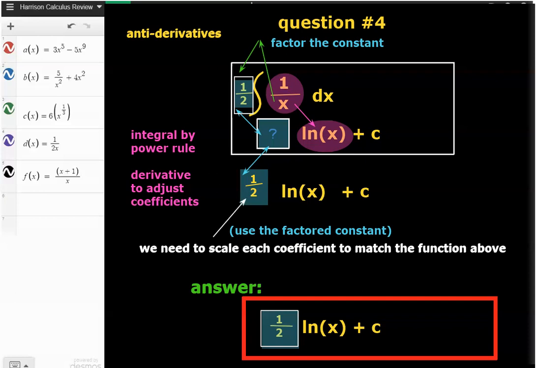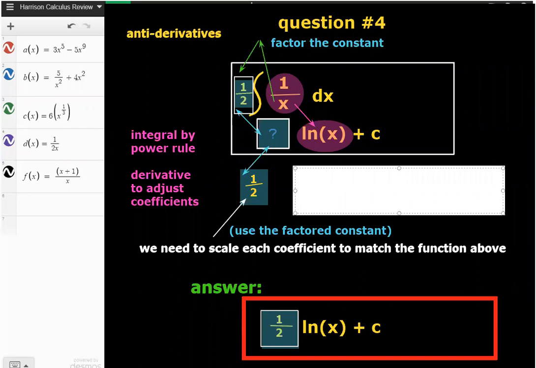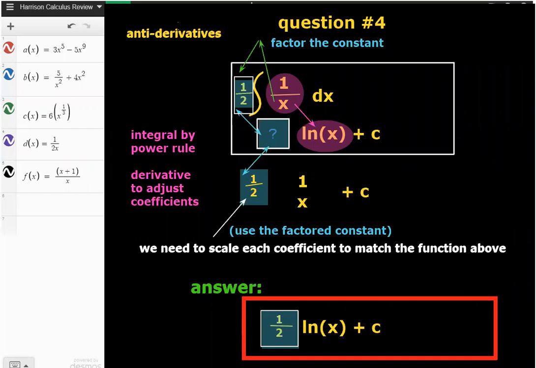Then taking the derivative, we can see that we would have, oh, I wrote this down wrong. Let me fix that. We would have 1 over x plus c is what should be written there. Forgive me, I need to fix that. The derivative of ln of x, of course, would bring us to 1 over x. All right, but we didn't have 1 over x, we had 1 over 2x.